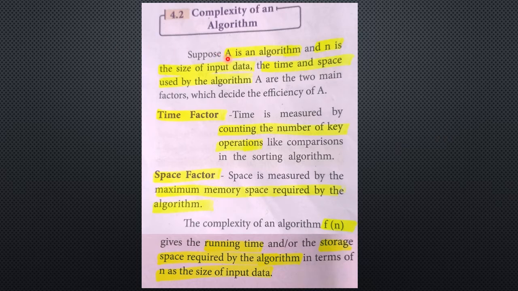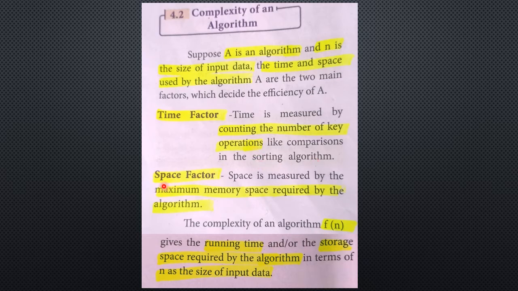The complexity of an algorithm, where n is the size of the input data, is the time and the space used by the algorithm. So here we have two main factors: one is the time factor and the other is the space factor. The time factor is counting the number of key operations in the sorting algorithm.